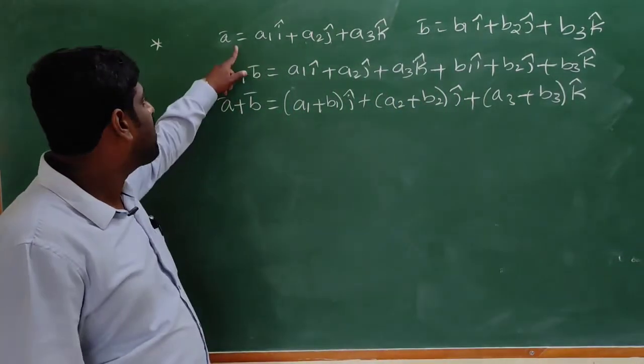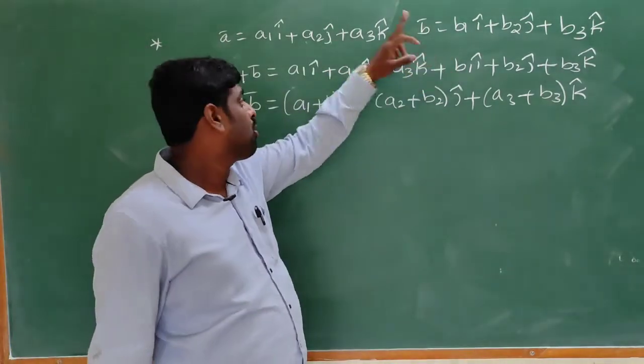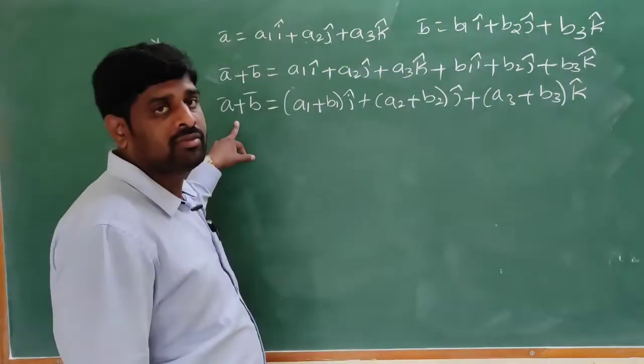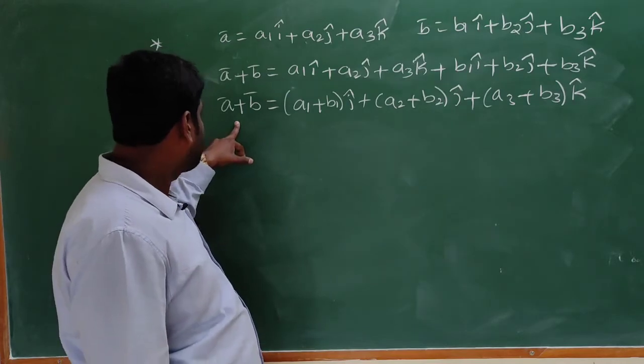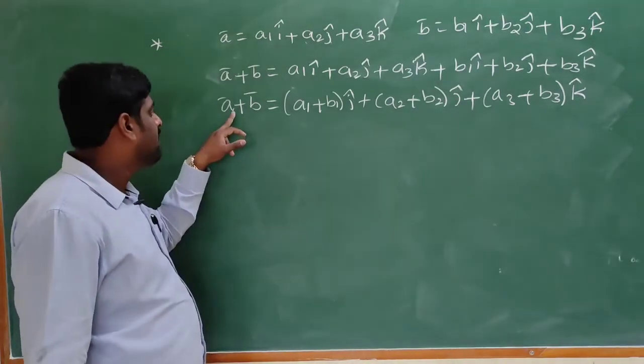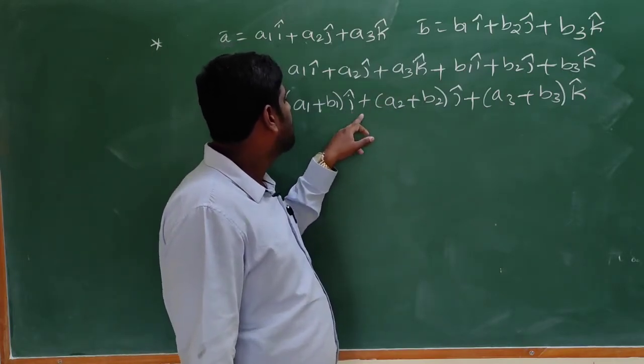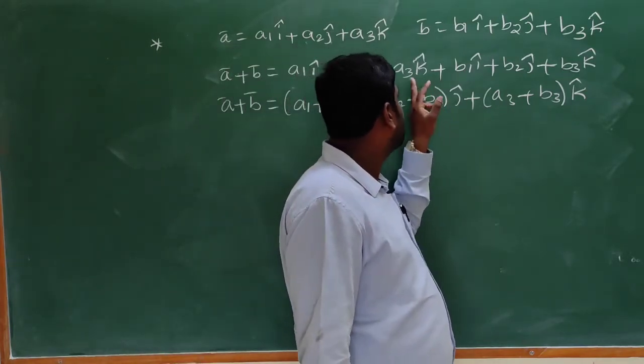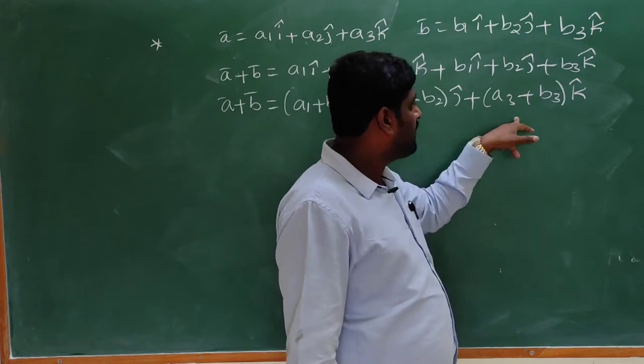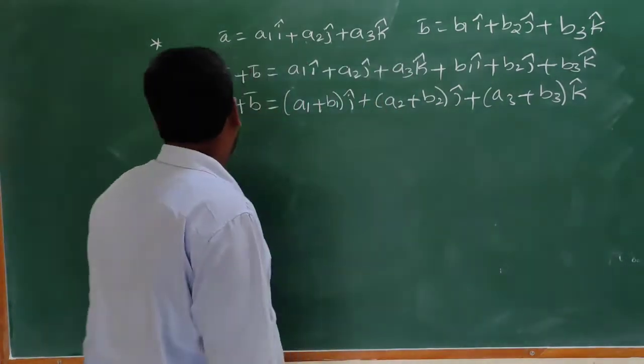So if A bar is given and B bar is given, and I want to find the sum of those two vectors, that means A bar plus B bar is A1 plus B1 of i cap plus A2 plus B2 of j cap plus A3 plus B3 of k cap.